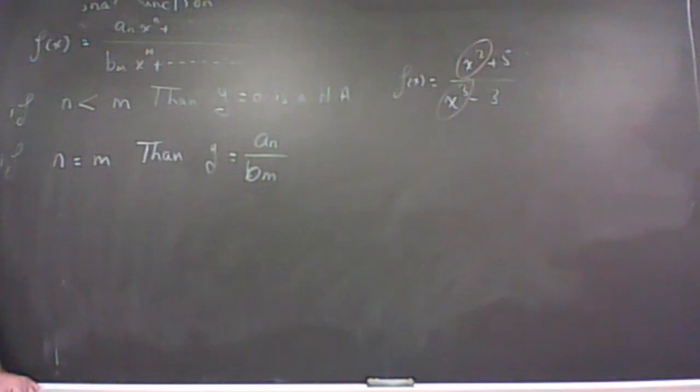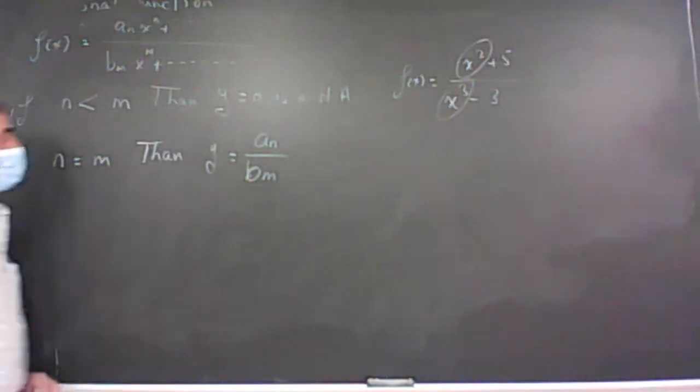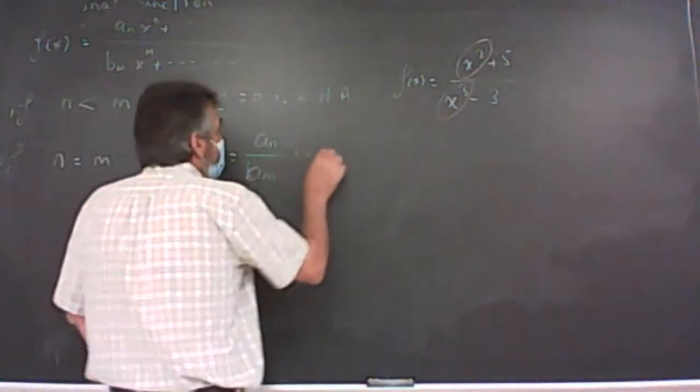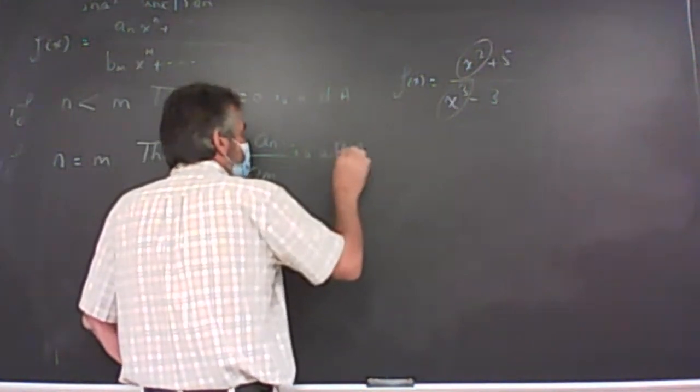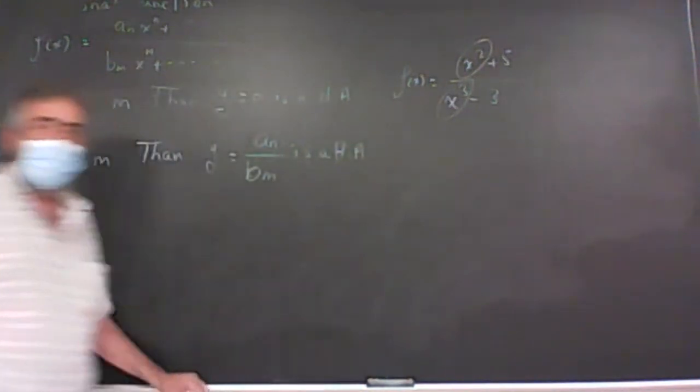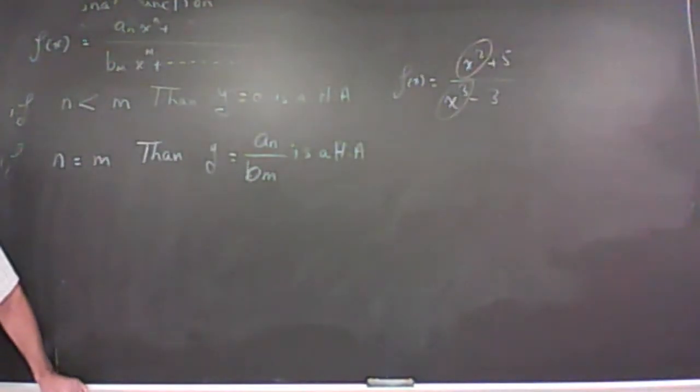That would be your horizontal asymptote. Let's go ahead and take an example.